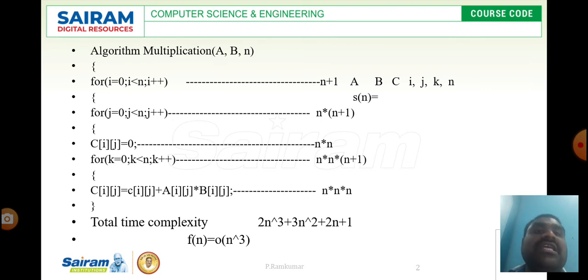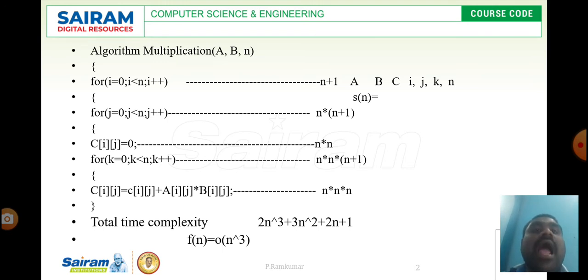I equal to 0 will be executed one time, but i less than n will be executed n plus 1 times, because the condition keeps being checked for a true value, and at last it also needs to be checked for a false value. Once it is false, the loop terminates.